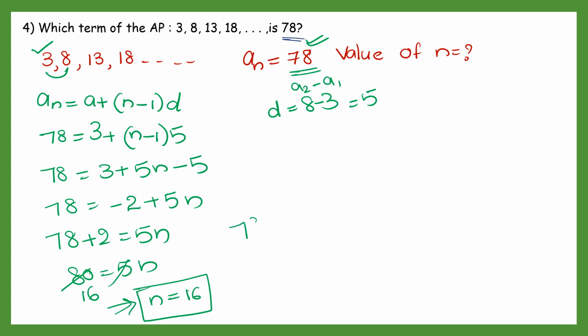So 78 means the 16th term. The 16th term is 78. We are able to find the value of n here.